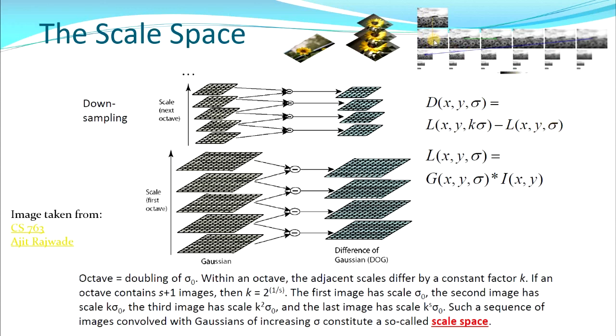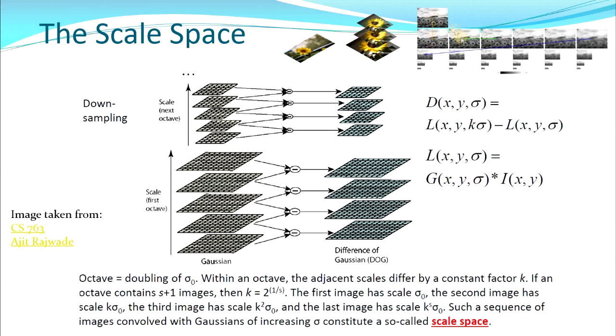So this is my L(x, y, sigma), this thing over here. Next, I'm going to blur this filtered image again with a Gaussian. So the original image is blurred with sigma, and then this is blurred again.